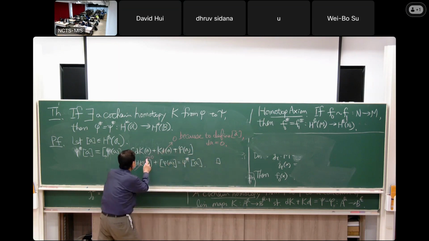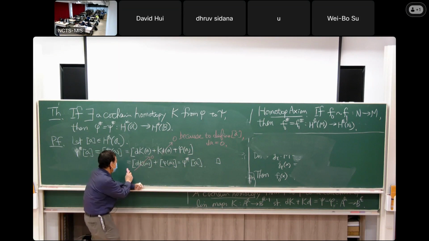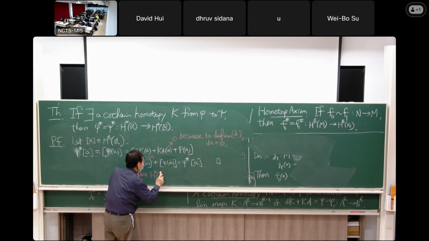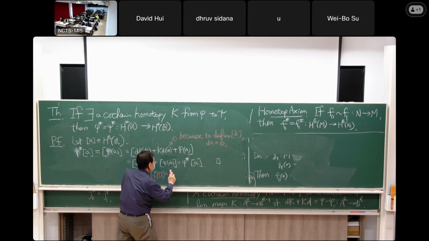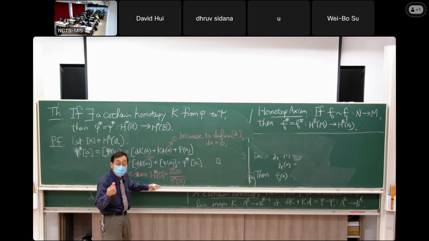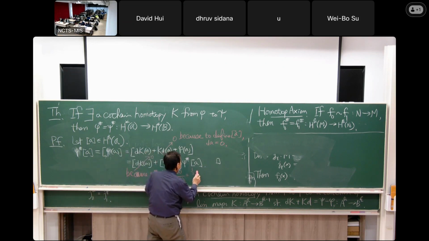Okay? And this term is zero because cohomology of A is defined to be the co-cycles over the co-boundaries. And the co-boundaries are all those that are of the form D of something, right?